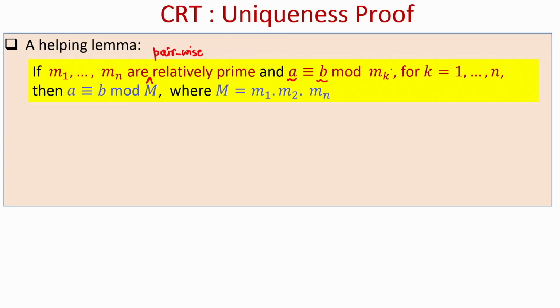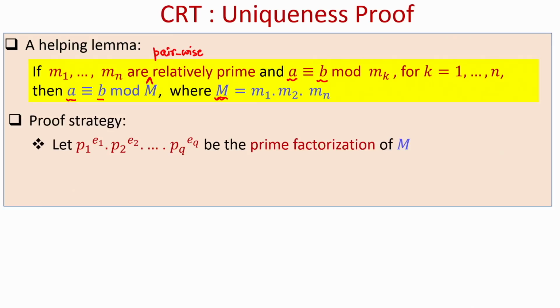It means they are congruent modulo m1, modulo m2, modulo m3 and so on. Then the claim here is that the same two numbers a and b are congruent with respect to the bigger modulus m, which is the product of all the n moduluses.